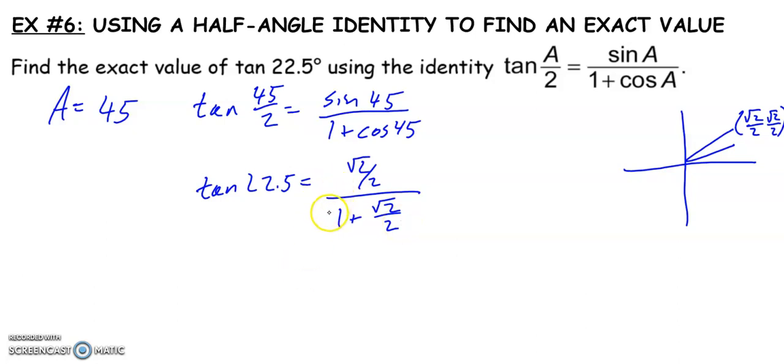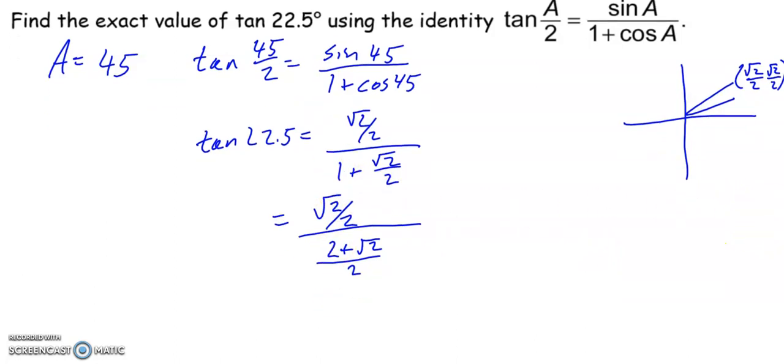I'm going to go ahead and simplify the bottom. So 1 is 2 over 2, which gives me 2 plus radical 2 over 2, because the 1 became 2 over 2 and I just wrote it as one fraction.